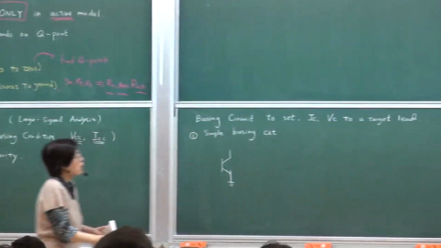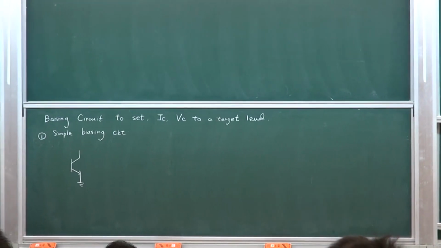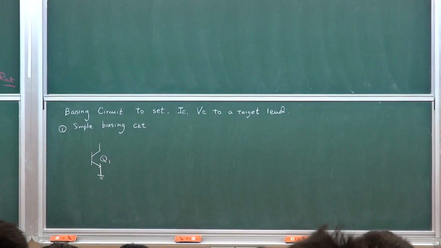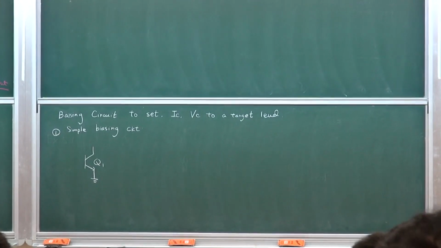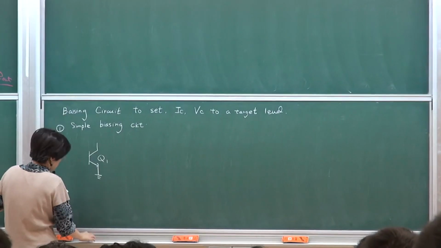If I'm biasing a transistor, for a BJT the first thing you need to think about is that you need to provide collector current and base current as well. One way of doing biasing is like this.